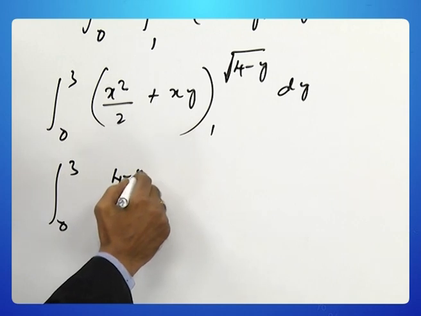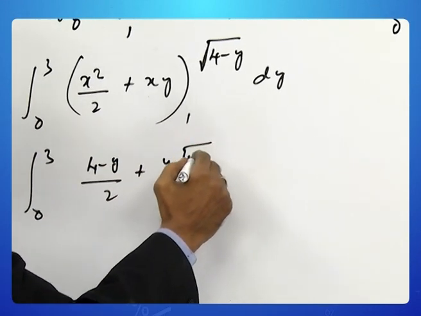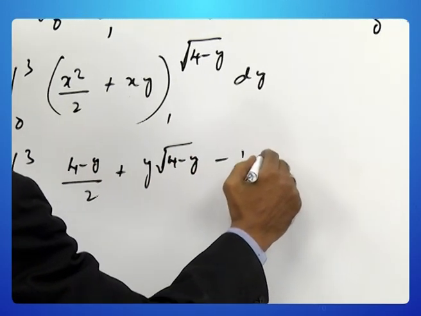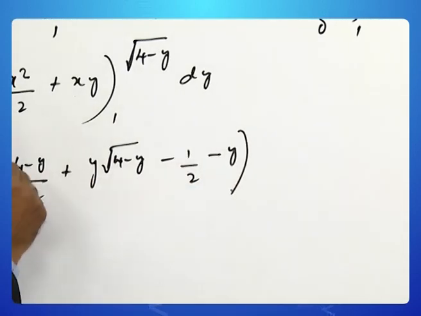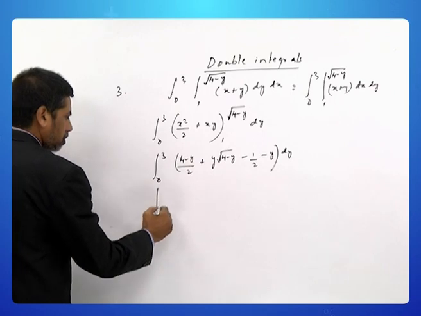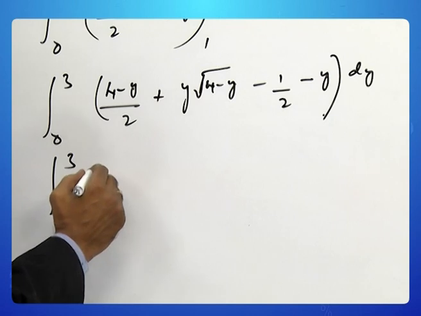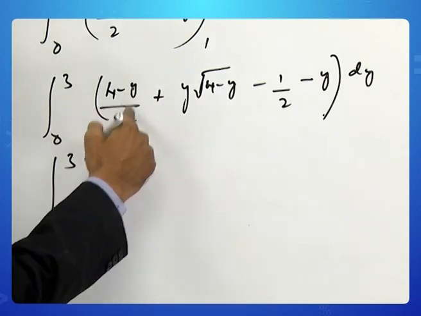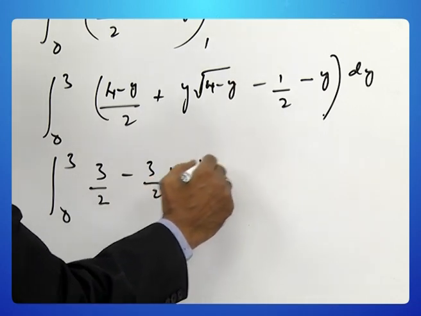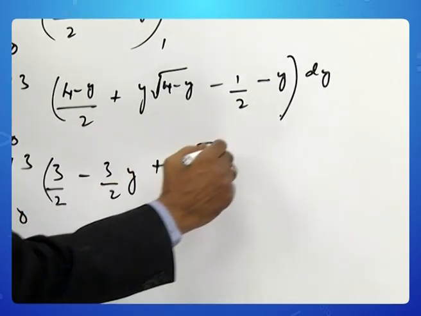So we'll have 4 minus y by 2 plus y root square root of 4 minus y minus half minus y, dy. This will be 4 by 2, 2. 2 minus 1 is 3 by 2. Minus y by 2 minus y is minus 3 by 2 y, plus y root square root of 4 minus y, dy.